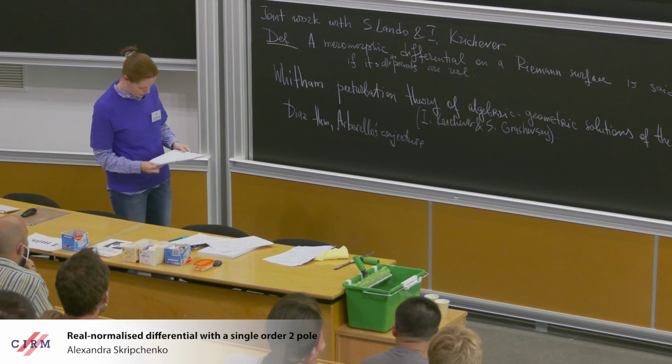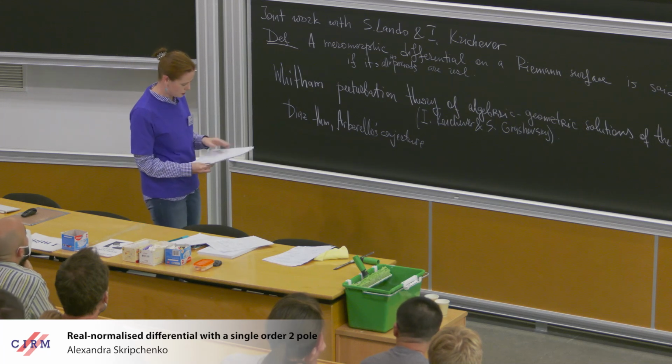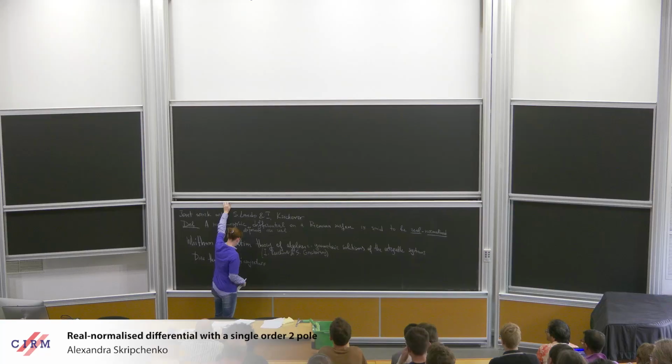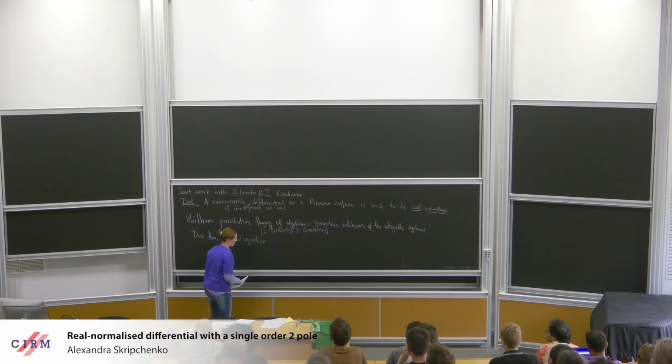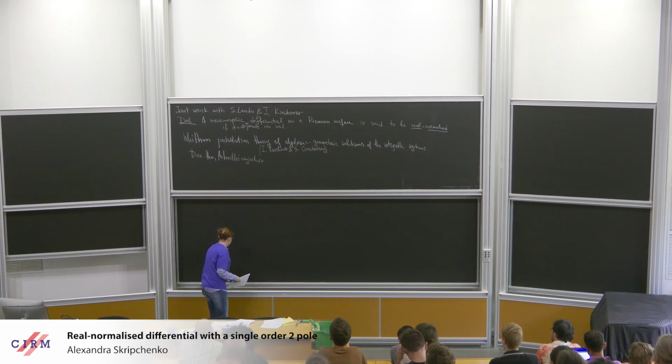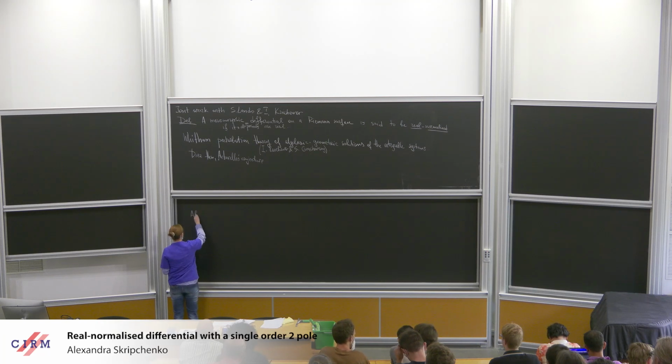So let me give you some definition and explain what the main object is. We are going to define the absolute period foliation.